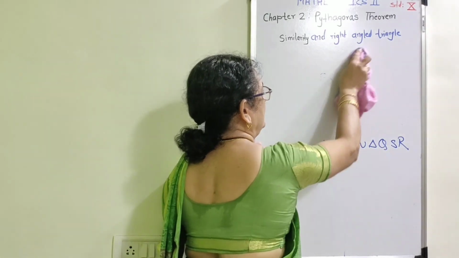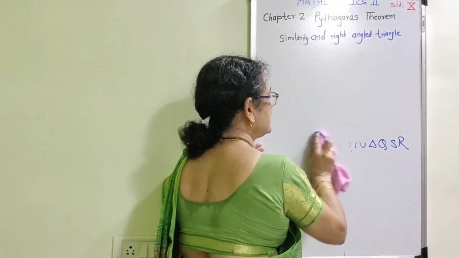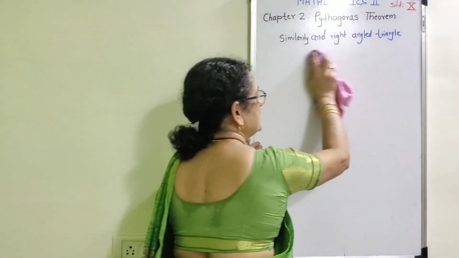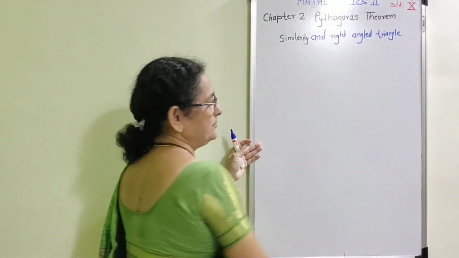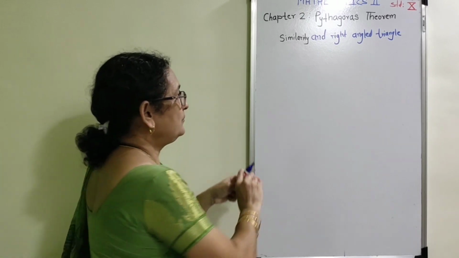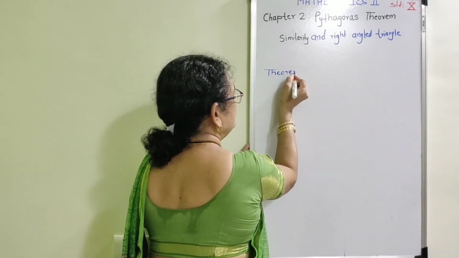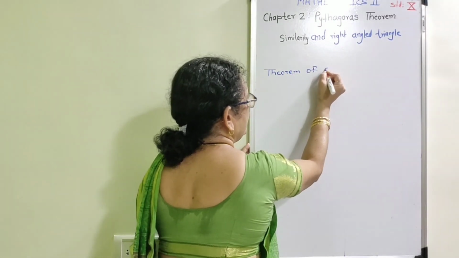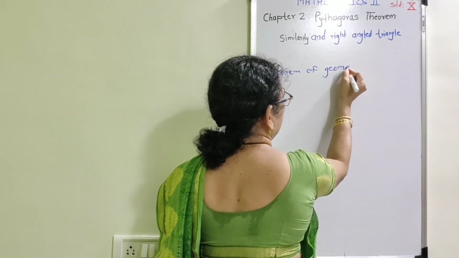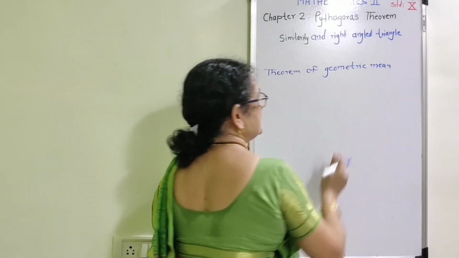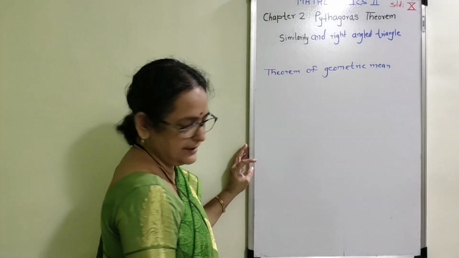Now draw another figure, give names and try to write the exact one-to-one correspondence of these triangles. Now the next and important topic is the theorem of geometric mean. I am going to take the same figure which is given in our textbook.